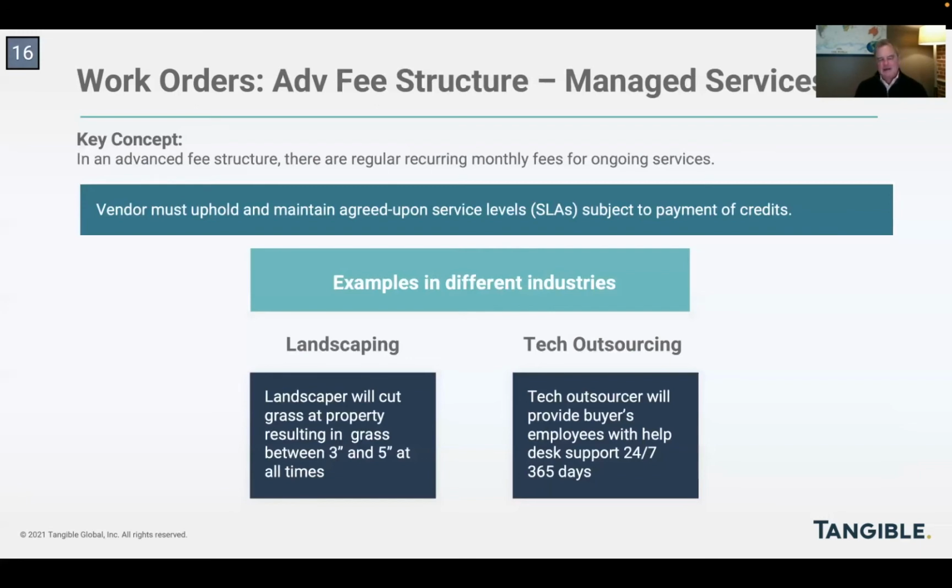They also often will agree to what clients will call KPIs, or key measurements. KPI meaning key performance indicator. And those are not subject to service credits, but they do come with a commitment by the vendor to do their utmost to meet those metrics.